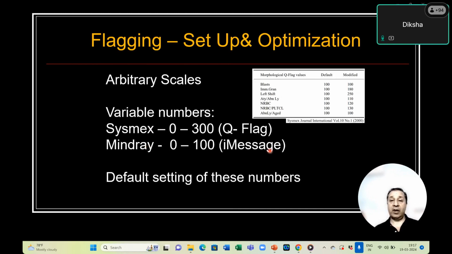For example, you look at all of these messages which are coming from the QFlag of the hematology analyzers. By default, this has been set at 100 in some of these analyzers. And eventually, when you optimized or modified it to suit your system, your analyzer or your sample load, you identified them at a much different value than the original default value.